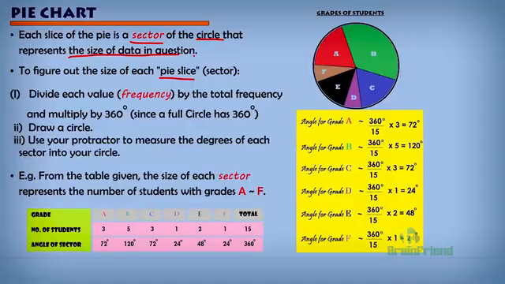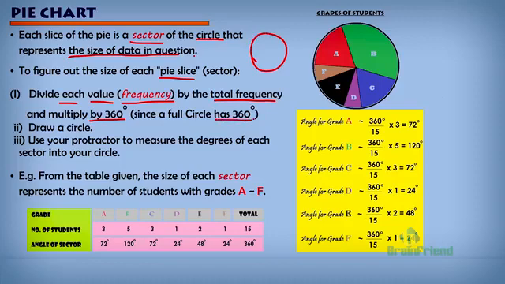We divide each value, that value is known as a frequency, by the total frequency of our data, and we multiply it by 360 degrees. We do that because the sum total of angles in a circle is 360 degrees.